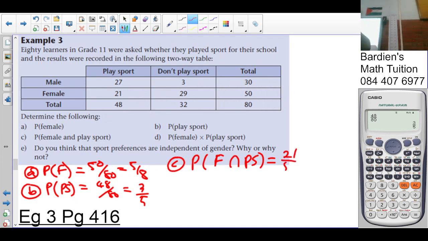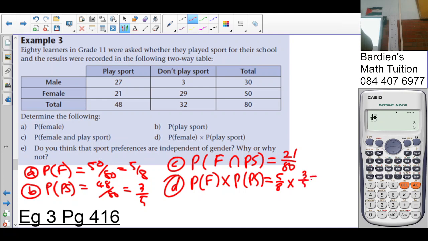Okay. D. D, we are asked, what's the probability of female times the probability of play sport? The probability of female is 5 out of 8. Probability of playing sport is 3 out of 5. So that gives you 3 out of 8. Okay.